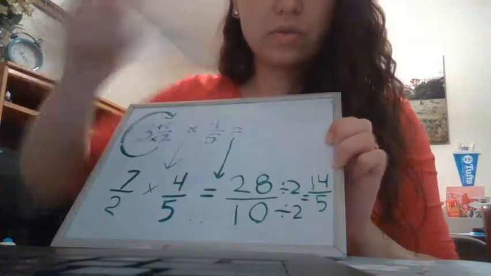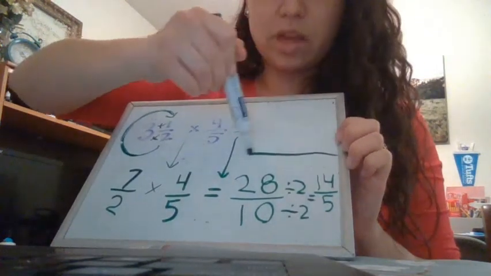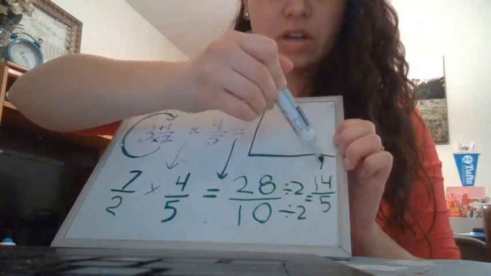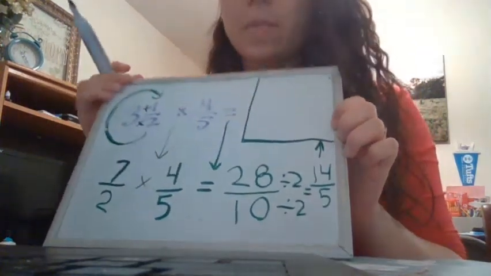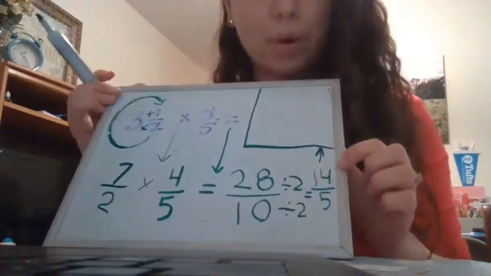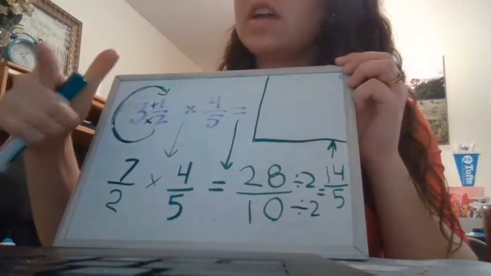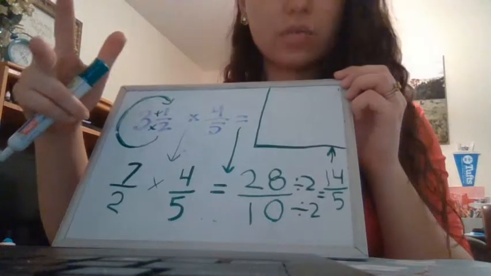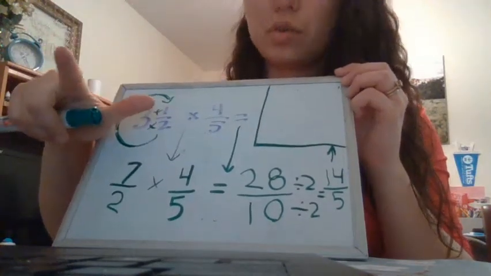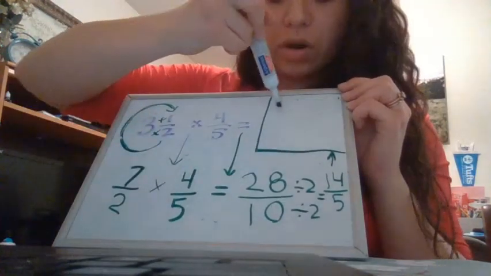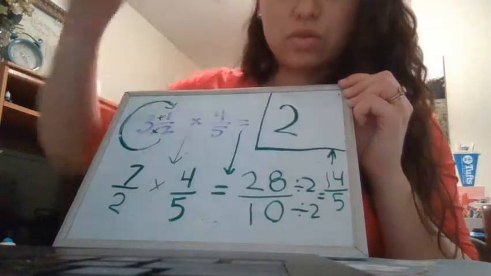Now, if you're wanting some extra challenge, I'm going to turn it into a mixed number because right now it's improper. I'm going to think, how many 5s go into 14? 5, 10, 15. Oh, that's too many. I went past 14. Looks like it's just 2. So my big whole number is 2.